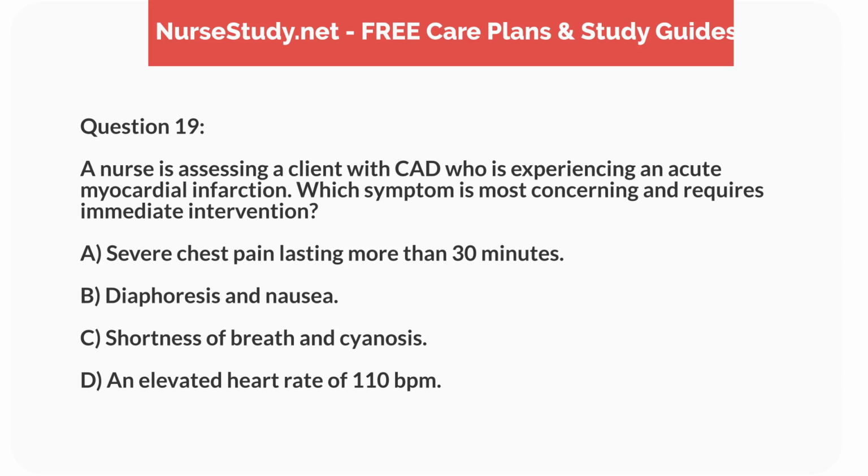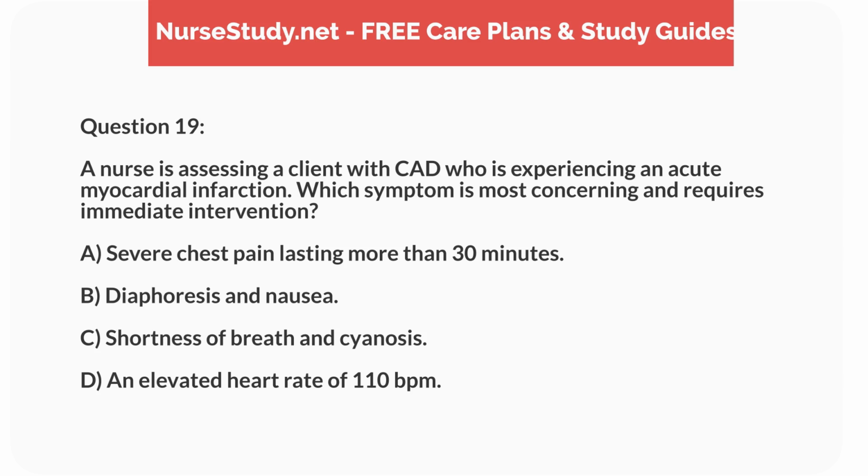Question 19. A nurse is assessing a client with CAD who is experiencing an acute myocardial infarction. Which symptom is most concerning and requires immediate intervention? A. Severe chest pain lasting more than 30 minutes. B. Diaphoresis and nausea. C. Shortness of breath and cyanosis.